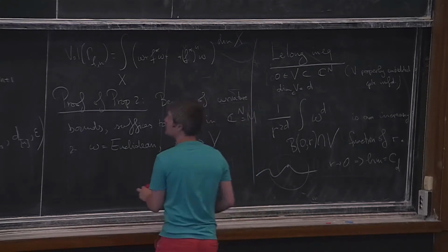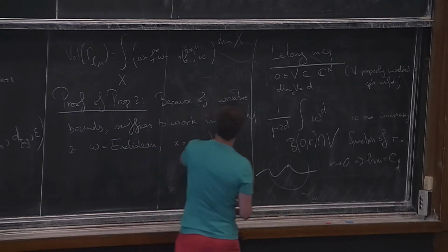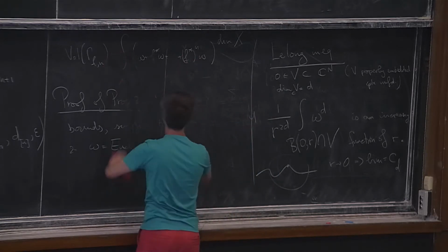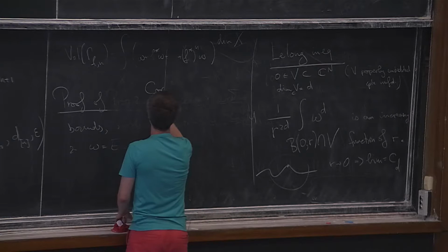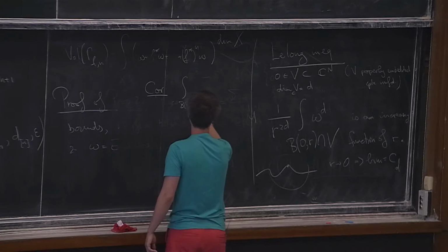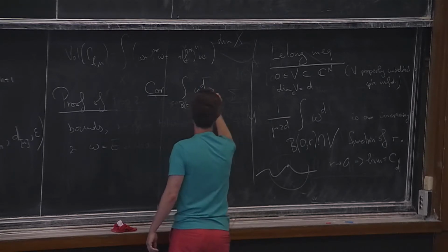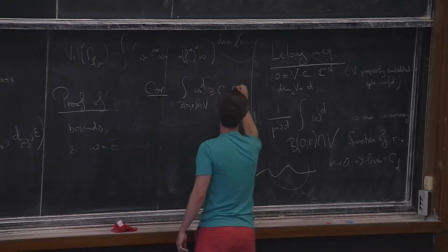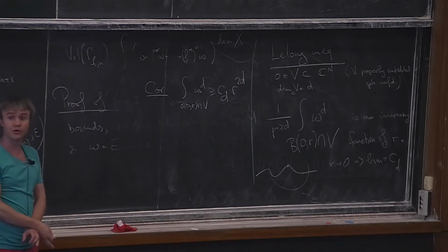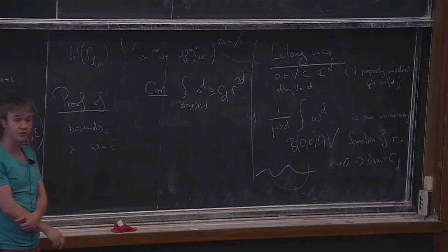So let me just write now the corollary. I just want to keep it here. So the corollary is that this integral, which is the volume that we're interested in, grows with the radius at a uniform rate, which is independent of the manifold.